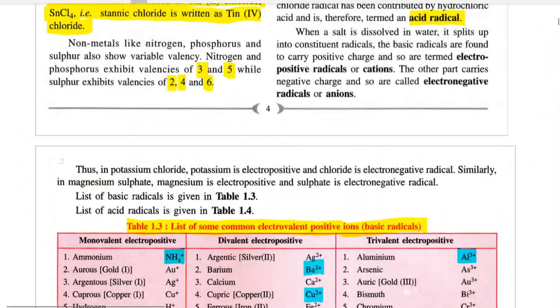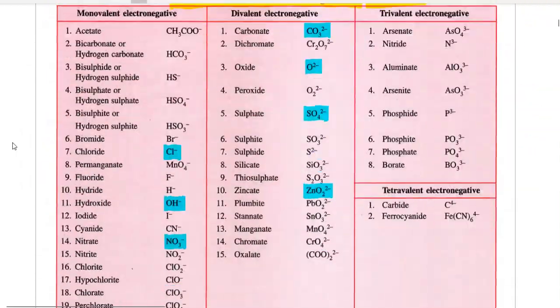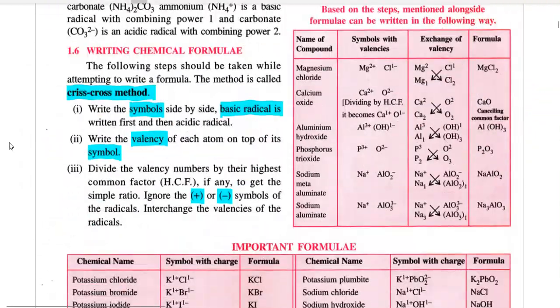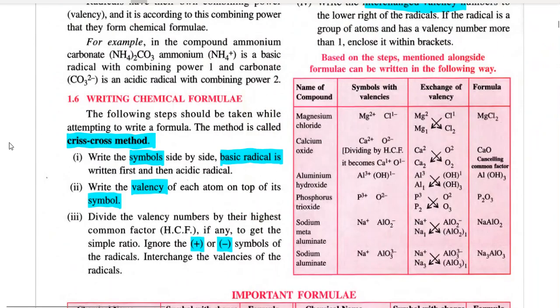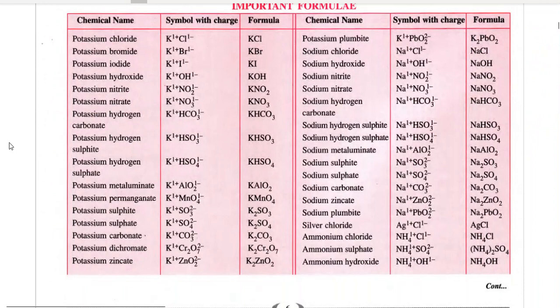Correct? So yeah, this is basically the method of writing chemical formulae. By now, you might have understood how to write chemical formulae. Now they have given you some important chemical formulae for your reference. Please remember, valency is to be memorized, but chemical formulae are not at all required to be memorized by you.